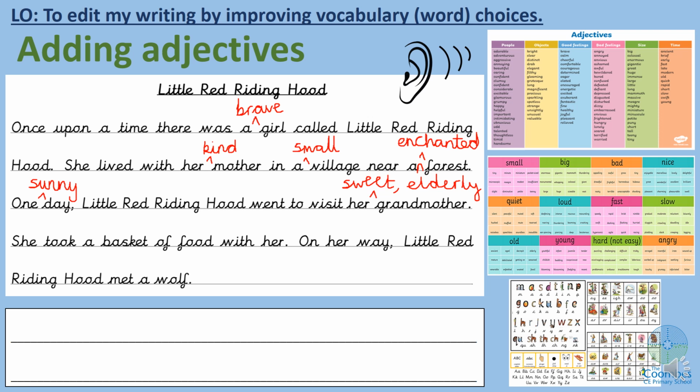Okay, on to our next sentence. She took a basket of food with her. How could I describe the basket? It could be a small wooden basket. I've used small. I'm looking at my other words for small. I don't want to use any of them, so I'm just going to put a wooden basket. But I could repeat small if I wanted to.